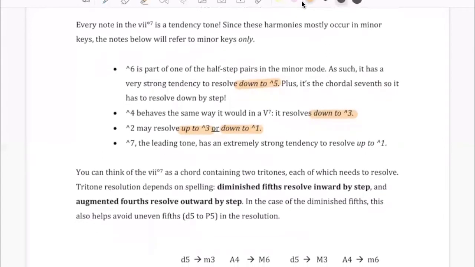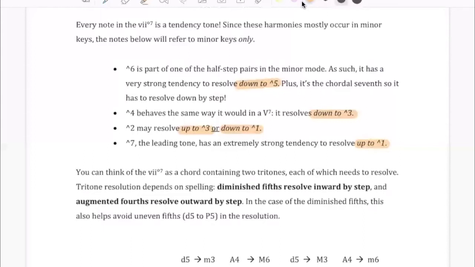Scale degree 7 is the leading tone. And as always, it has an extremely strong tendency to resolve up to 1. So when we're looking at that vii°7 chord, all 4 members want to go to very specific places. The one exception is scale degree 2. There's a little bit of option there. But the other 3 chord members have a very strong tendency to move in very specific ways.